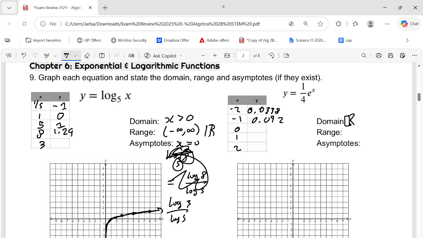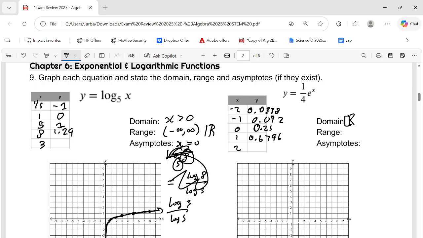For this, it's going to be 1/4 times e to the 0. e to the 0 is just 1, so 1/4 times 1, that's 1/4, or 0.25. And then when we have 1, that's going to be 1/4 times e to the 1, so it's 1/4 e, which is 0.6796.